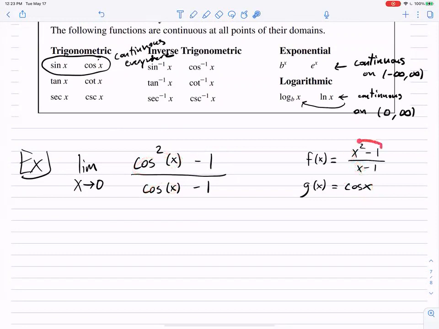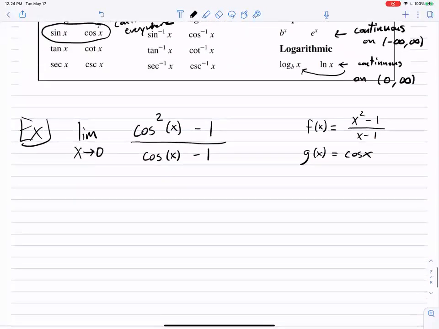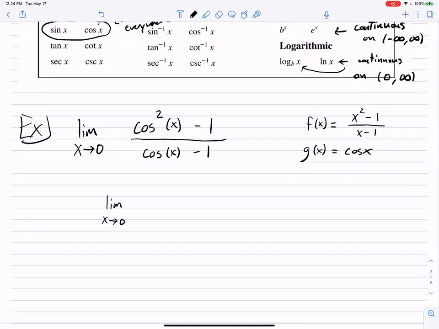And so this function is continuous, and this function is continuous. This is continuous as long as x is not equal to 1, and this is continuous everywhere. So if we take the limit as x goes to 0 of this, what we can do here is actually factor this.